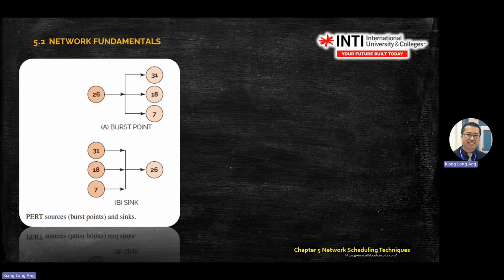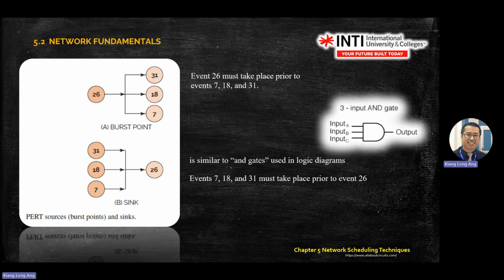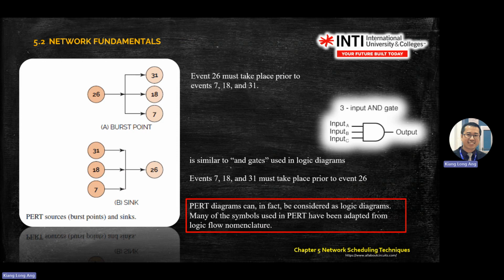Blast point means one goes into two or three, and sync means a few events go into one. The arrow tells you the order that you should consider when you run the project. And the rest, you read.